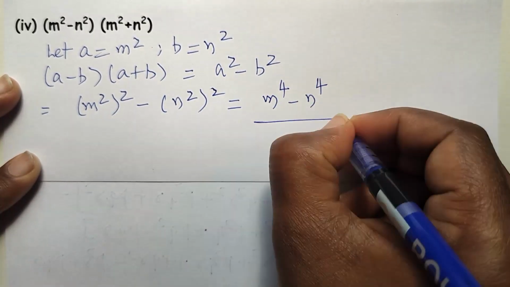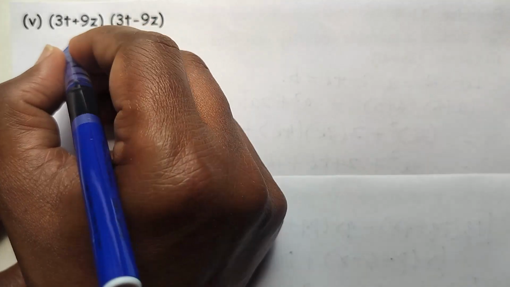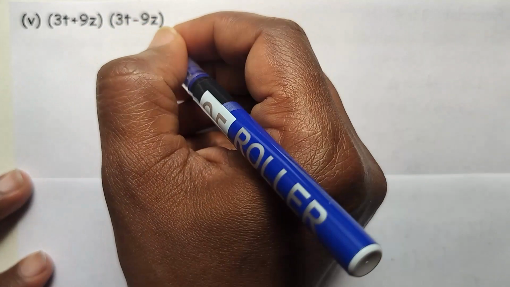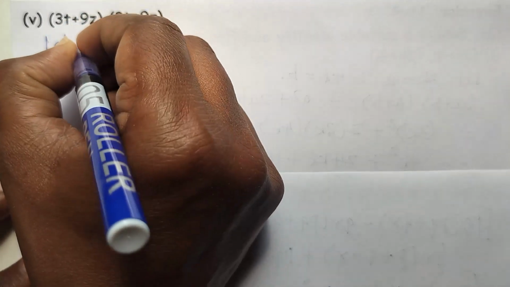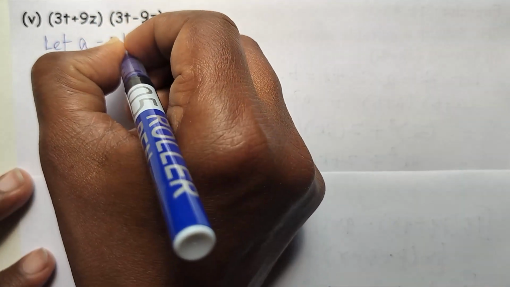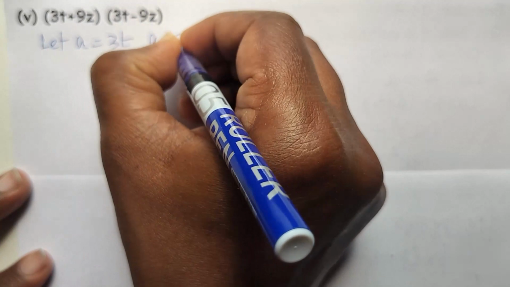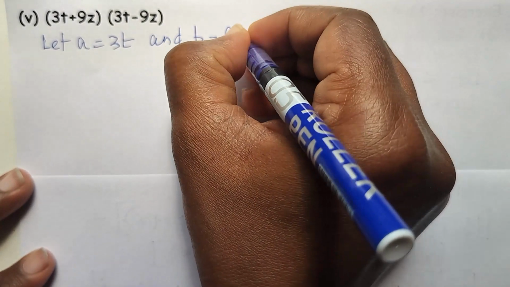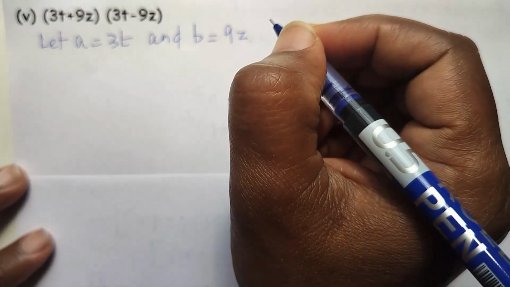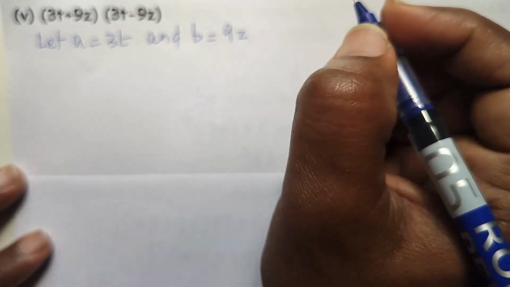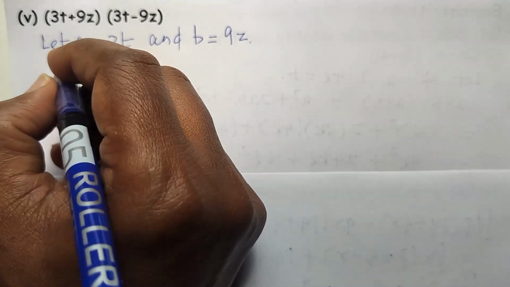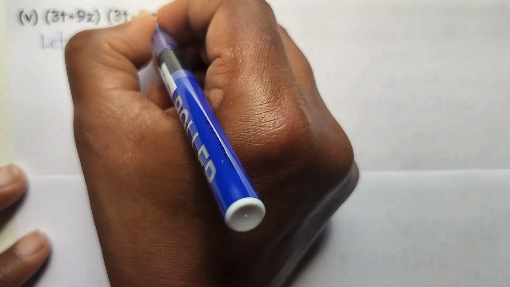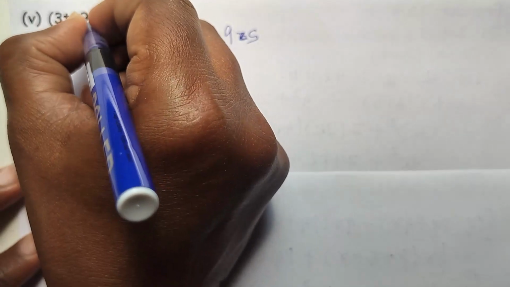Next, fifth one, (3t plus 9s) into (3t minus 9s). So let a equal to 3t and b equal to 9s here.